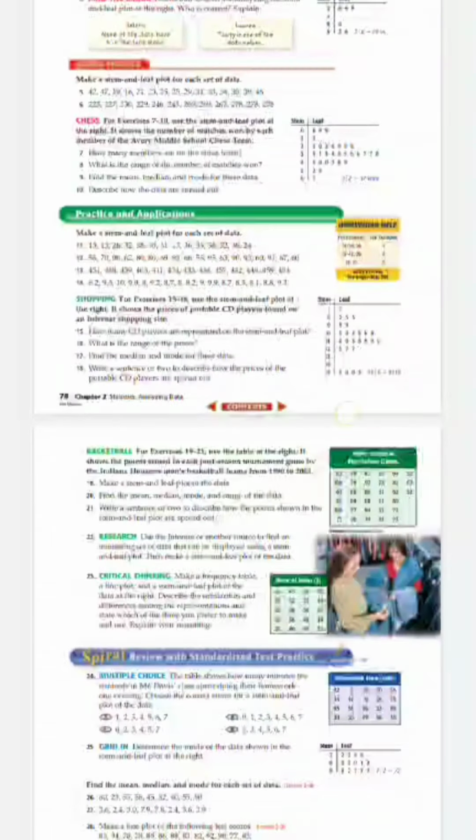Basketball, for exercises 19 to 21. Use the table at the right. It shows the points scored in each post-season tournament game by the Indiana Hoosiers men's basketball teams from 1990 to 2003. 19.